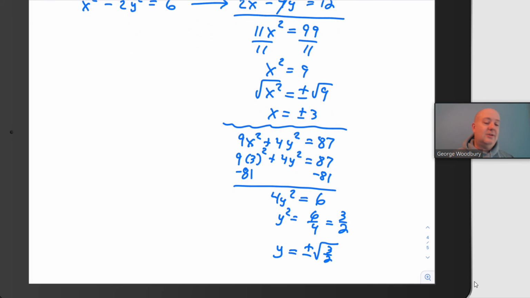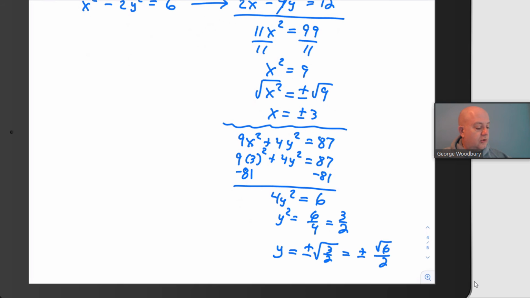So actually, if we go back to that 6/4 and we take the square root of 6 and 4, we get plus or minus the square root of 6 over 2. And then we can approximate that in the calculator if we want to. If we use -3 for x, we get the same pair of solutions.